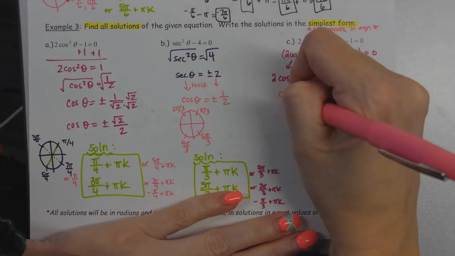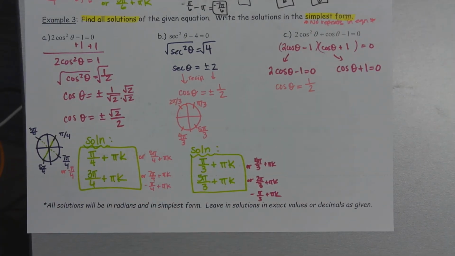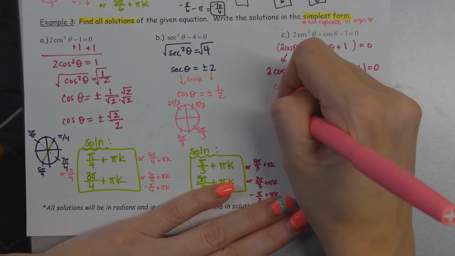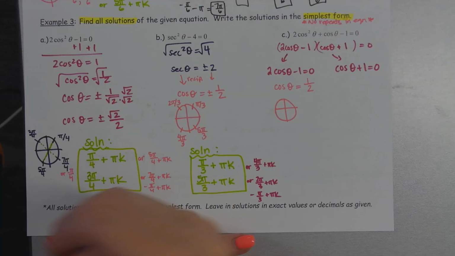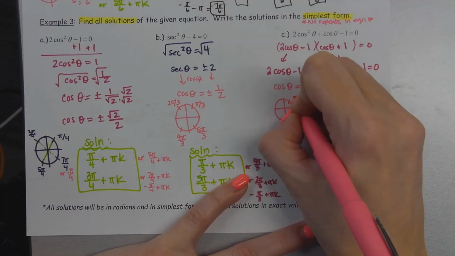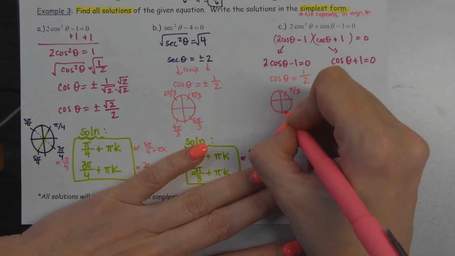Now in this one, your cosine is equal to 1/2, but it's not plus or minus. So when that happens, you are going to do the plus 2 pi k. You're going to find on your unit circle where the cosine is 1/2. We know one of them is at pi over 3. Remember, the cosine is positive in quadrant 1 and in what other quadrant? 4.